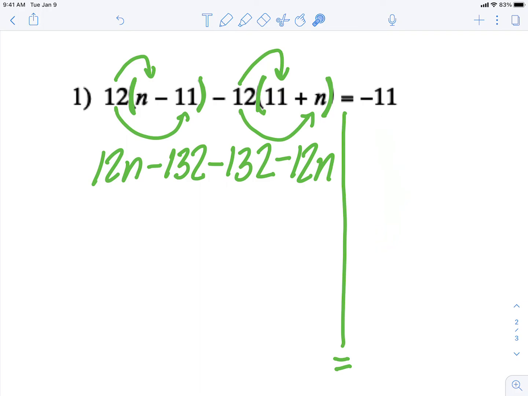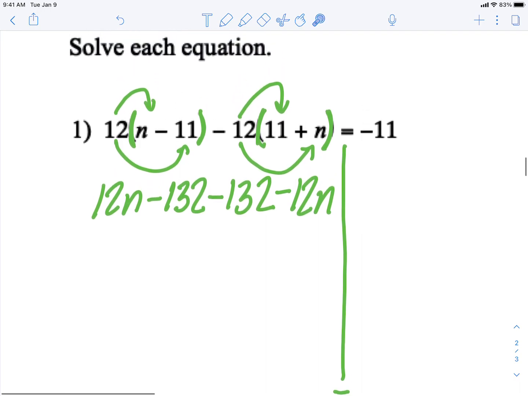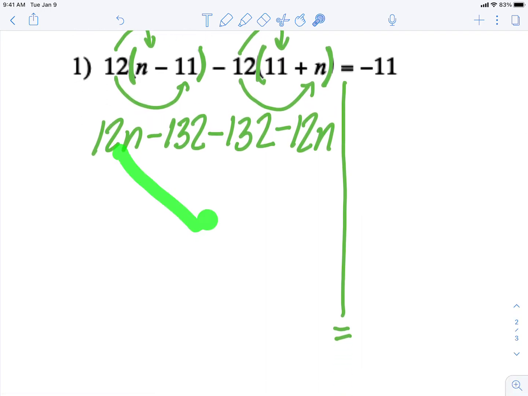So our like terms are 12n goes with negative 12n, and negative 132 goes with negative 132, right?